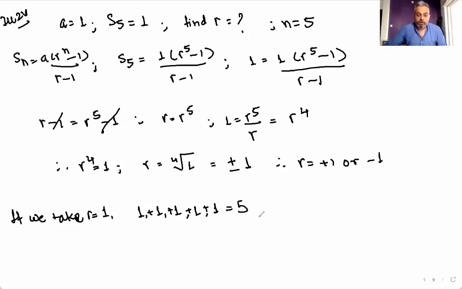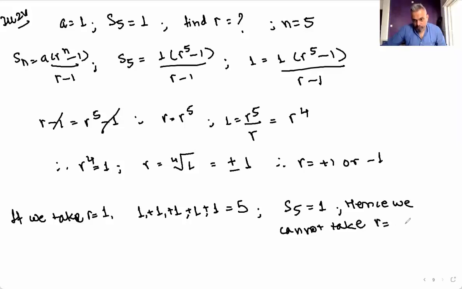So your S5 is not equal to 1. Hence, we cannot take r is equal to 1. We cannot take this.